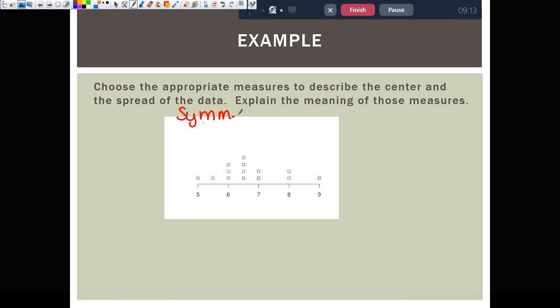Mean and standard deviation. Symmetric, so let's find our mean. So I'm going to take all of my numbers and add them up.